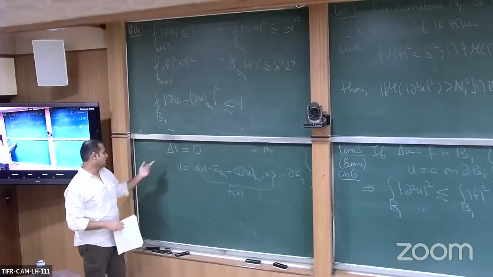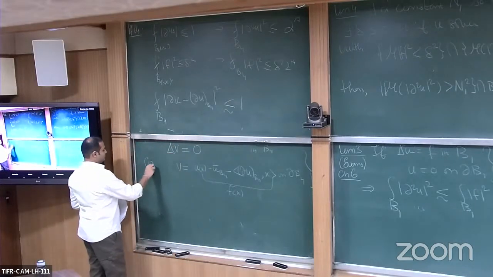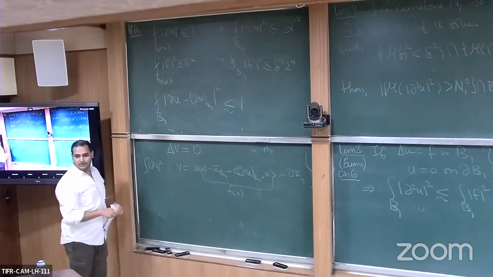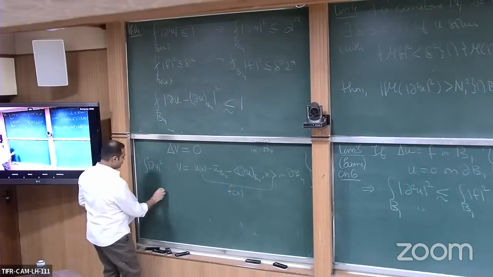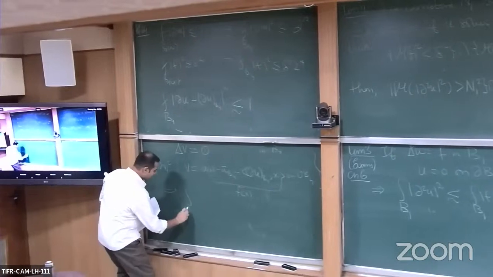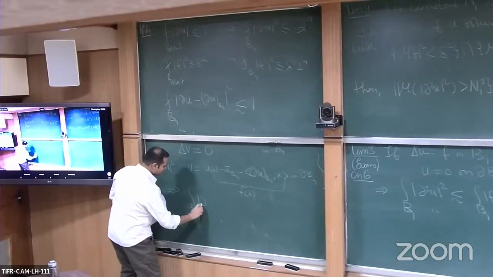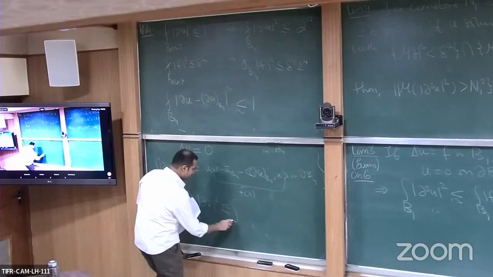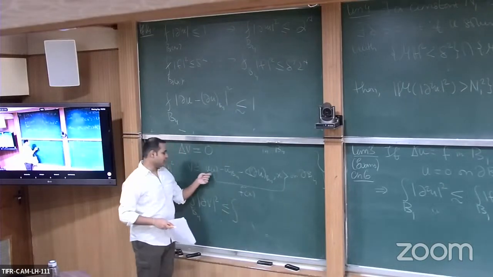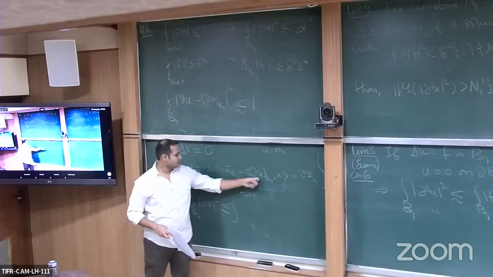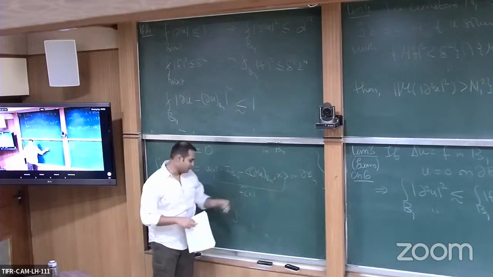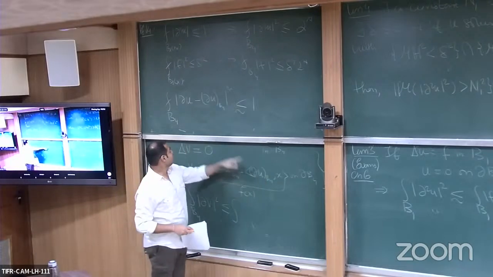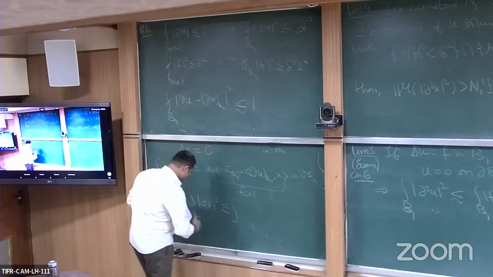You know that harmonic functions minimize the energy. Therefore, in B4, this is the smaller one. So that e square is less than or equal to the gradient of u minus the gradient of this. This goes away, you're just left with the average, that is gradient u minus gradient u average square, which is 1.